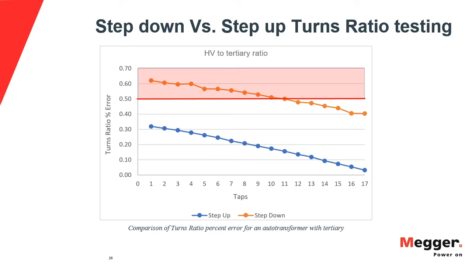On the blue curve, the step up technique, all of our taps are well within the percentage error, and not only that, you'll see that the transition from one tap to the other is also more uniform. I think you can see that in the curve when you compare the blue curve to the orange one, way more uniform, and again, more importantly, all of our taps are well within the 0.5% allowed error.